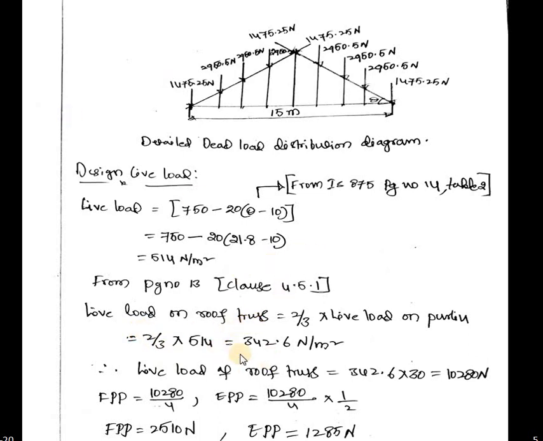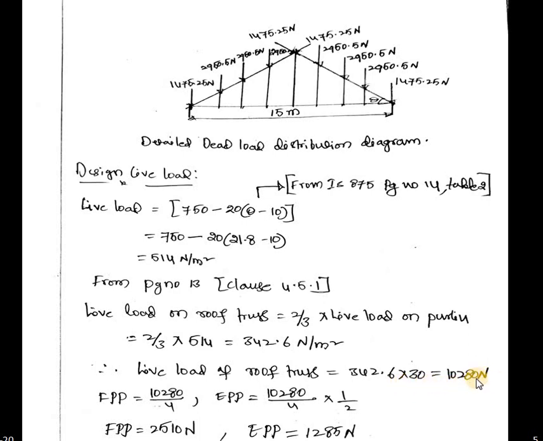Now, live load acting on roof truss is okay, but this UDL we should convert into point load. For that reason, live load on roof truss is 342.6 Newton per meter square, in the downward direction. On plan area, we multiply 342.6 into 30, that is equal to 10280 Newtons.